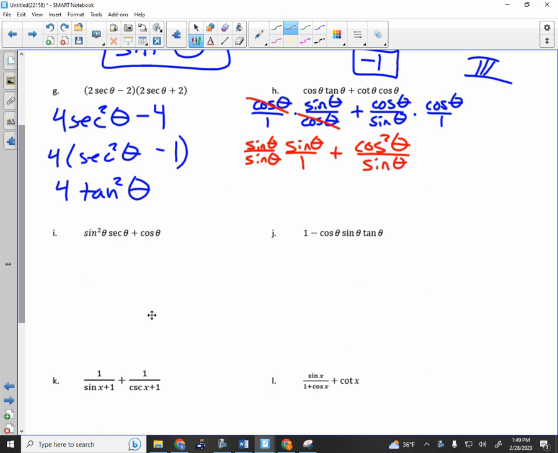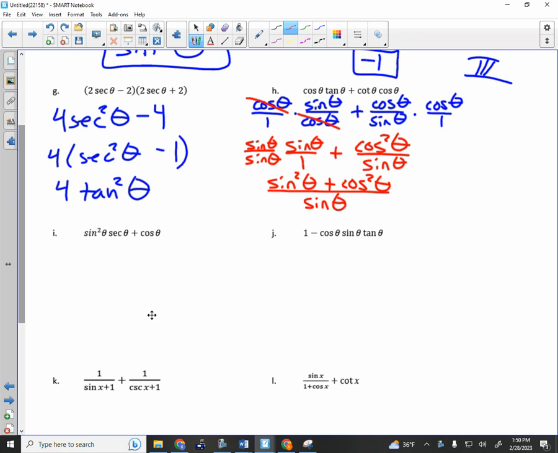Top and bottom by sine. And on the top, we get sine squared of theta plus cosine squared of theta all over sine of theta.